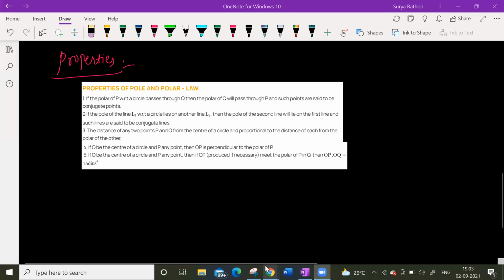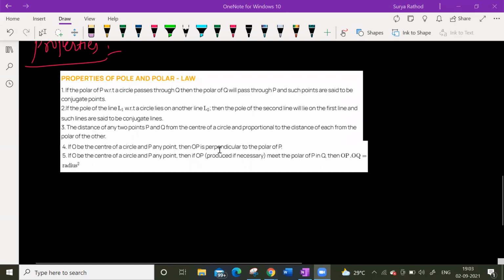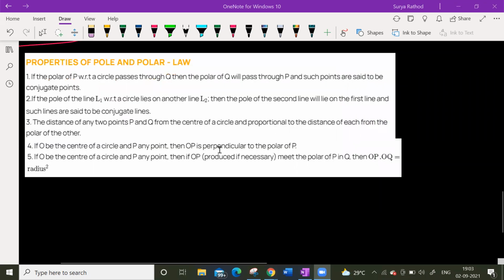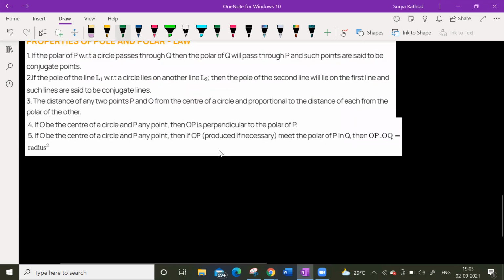Okay, no problem. Look at this here. Properties. Can you see the screen? Yes, sir, I can see now. Properties: if the polar of P with respect to a circle passes through Q, then the polar of Q will pass through P, and such points are said to be conjugate points.